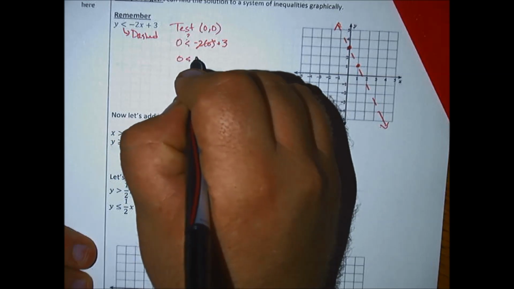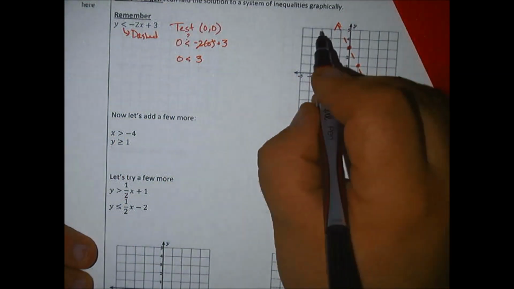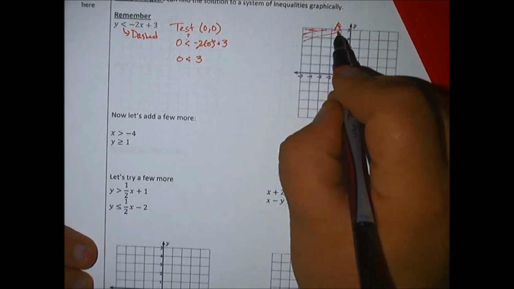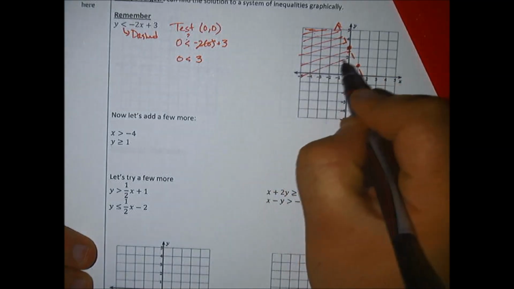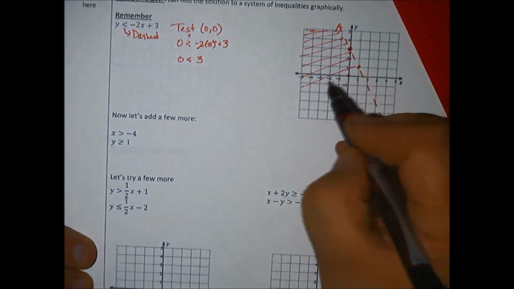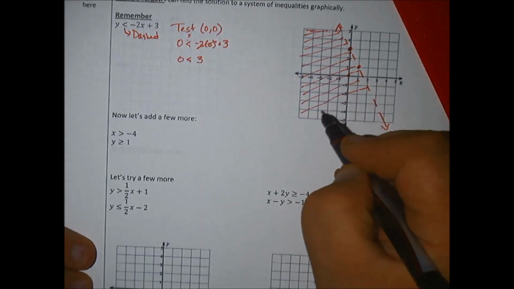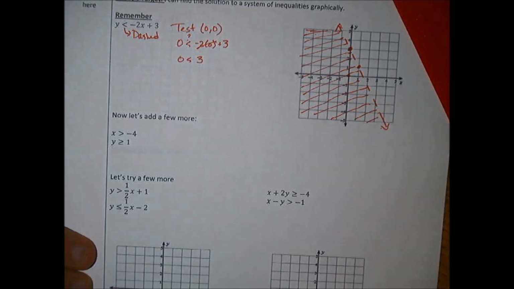So 0 is less than 3. So I need to shade where the point 0, 0 lives, along with all its buddies that make that inequality true. Any number in this shaded region will make that inequality true.